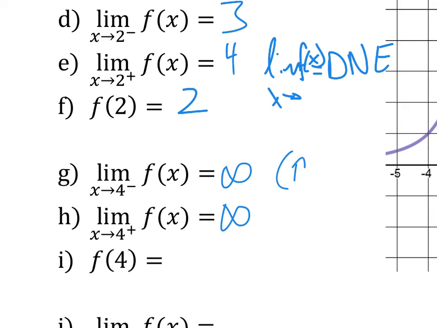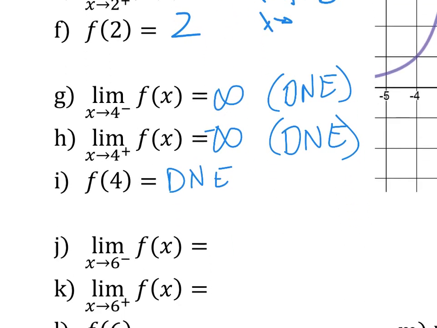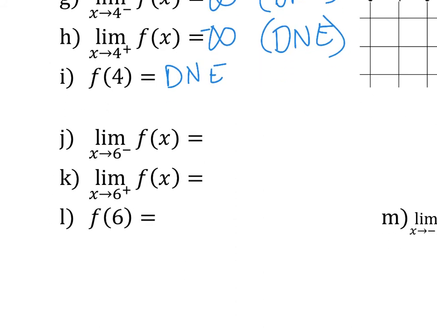So this really doesn't exist, but it's a special kind of doesn't exist. It's an infinite doesn't exist. Okay, so from the right side, we go to negative infinity. From the left side, positive infinity. Those are going to different places. So the value of f of 4 doesn't exist because it's an asymptote. The limit doesn't exist, and the value doesn't exist.